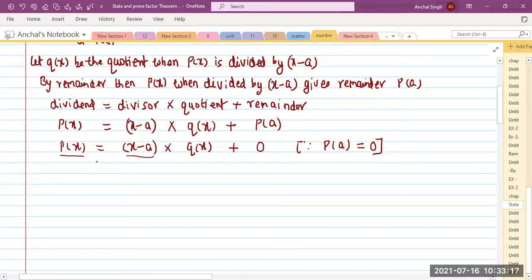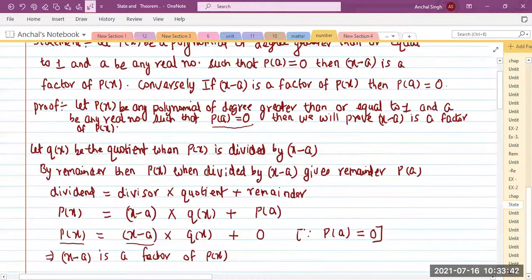Factor, very good. So over here now we can easily write that this implies x minus a is a factor of Px. Okay. So right now we have completed the first part.